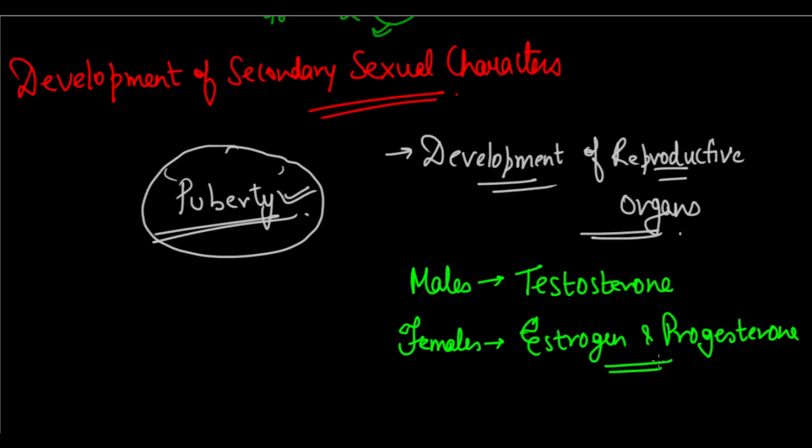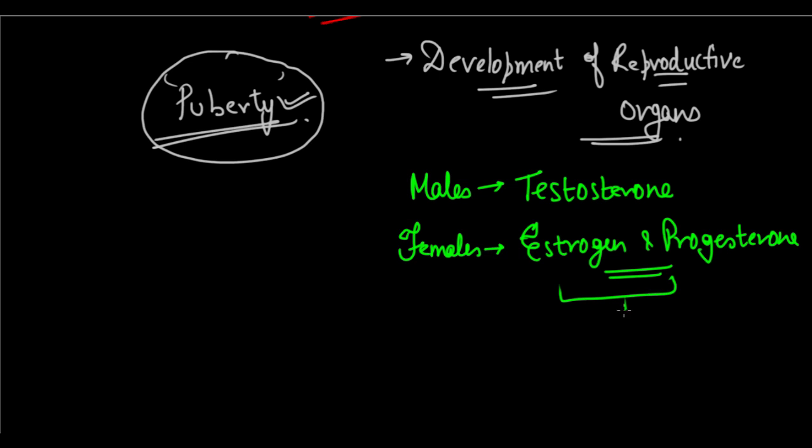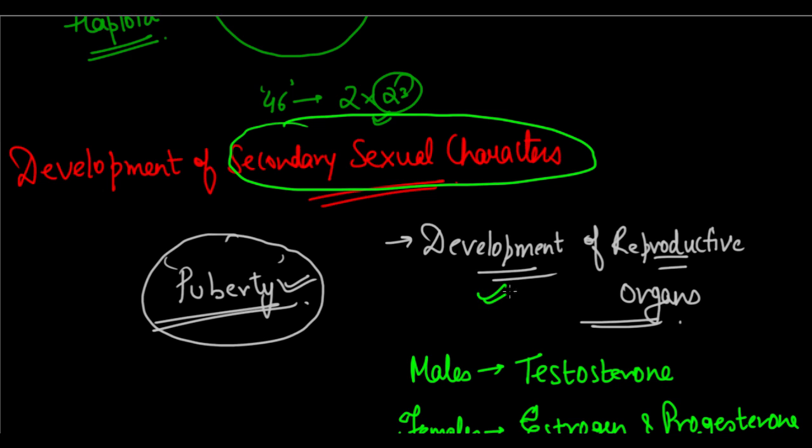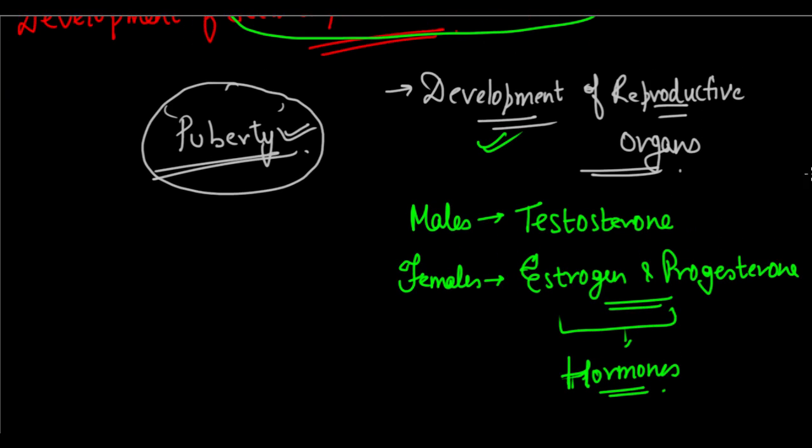So these hormones are called sex hormones. And these hormones help in the development of the secondary sexual characters, and they also help in attaining the development of reproductive organs and subsequently sexual maturity.